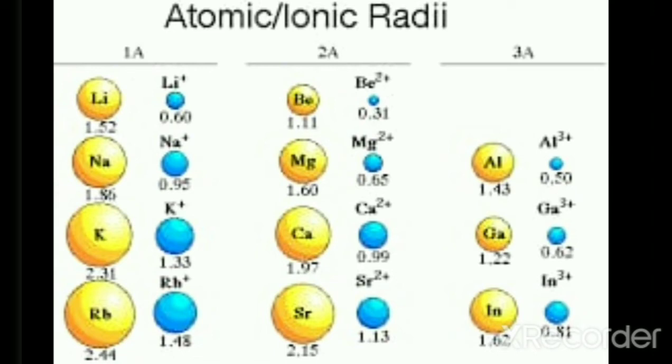Now consider the ions sodium ion, magnesium ion and aluminium ion. That is, as we move across a period, we can see that the ionic radius decreases. Therefore, the variation of ionic radius across a period and down the group is the same as that of atomic radius.